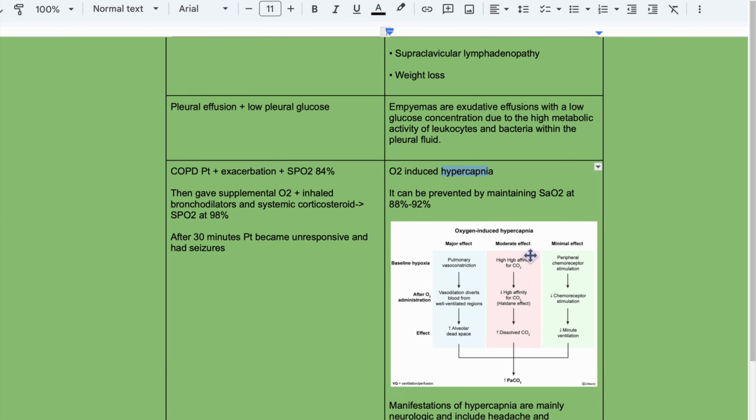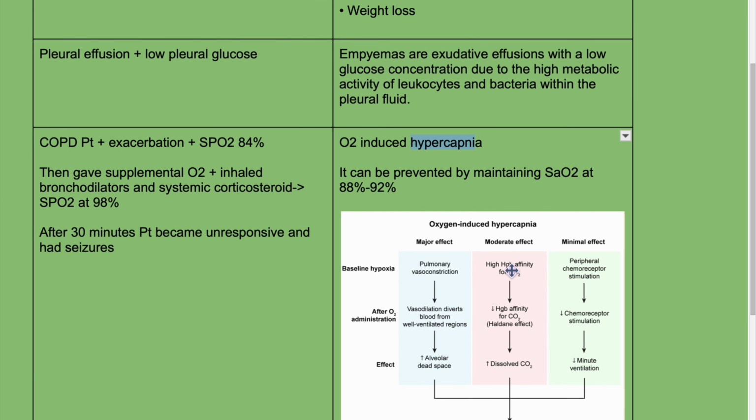Another moderate effect is that at baseline, there is high hemoglobin affinity for CO2. After administration of O2, there's decreased hemoglobin affinity for CO2, the Haldane effect. This causes increase in dissolved CO2, and that too will increase PaCO2. And the minimal effect is that peripheral chemoreceptor stimulation at baseline is happening, but after O2, that stops.